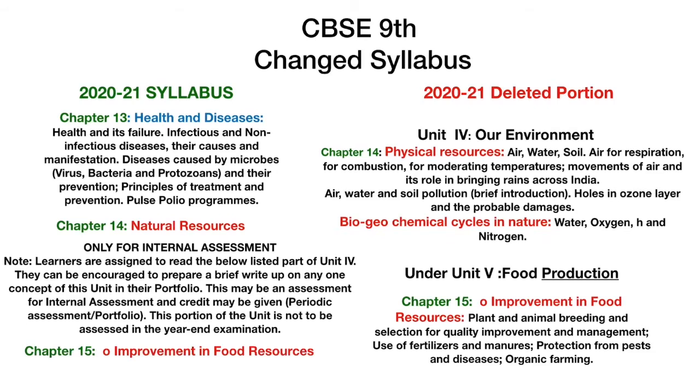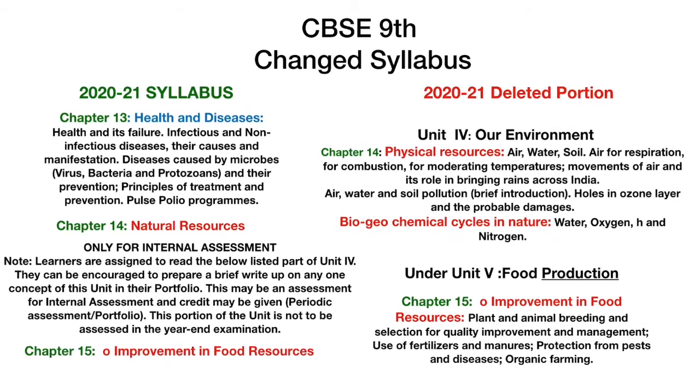Next, we'll talk about chapter number 13, health and disease. This chapter is intact again. This chapter will be there in this year's syllabus as well. But if we move to chapter number 14, which is from our environment, unit number 4 for last year, this year this unit is completely removed.